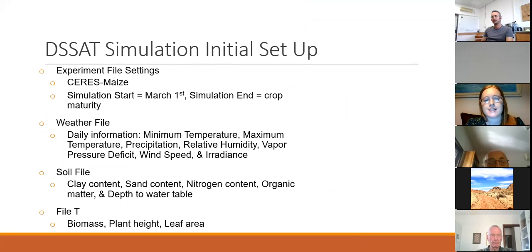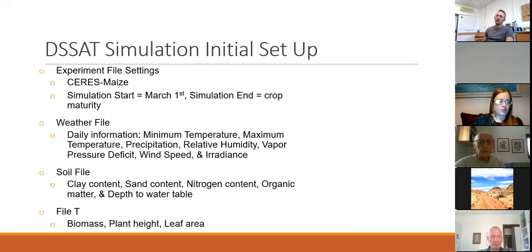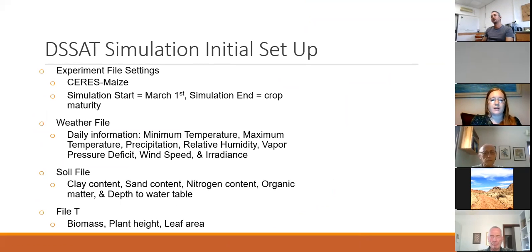The other is EXIM, but Sery has a bit of a longer history with DSSAT, and there's a bit more literature behind it. We set the simulation to start on March 1st in every year and set it to end on crop maturity. It's important that we start the simulation a few days before the crop is actually planted, because this gives the soil water module a bit of time to calibrate itself.